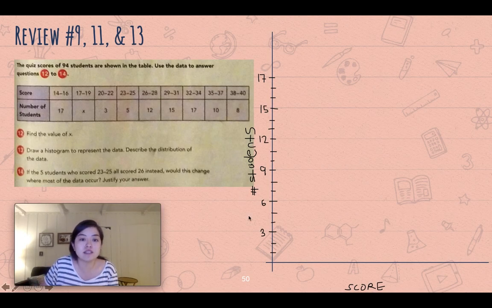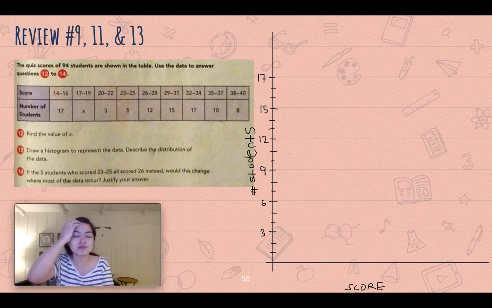And I see that my number of students spans from 3 all the way to 17. At least that's what I know without figuring out the value of X, because you're going to figure it out. I'm not going to do it for you on my histogram.